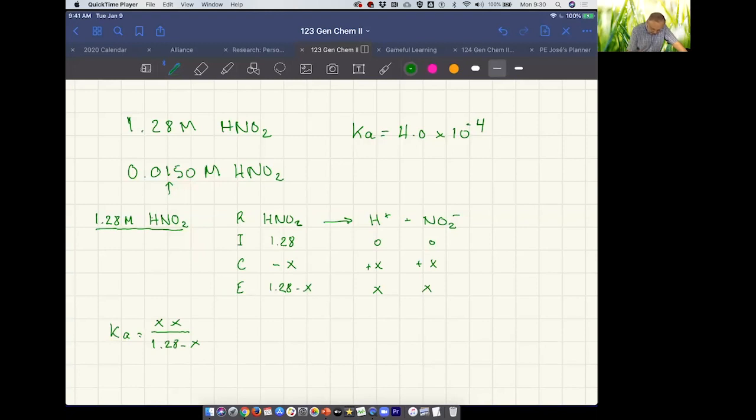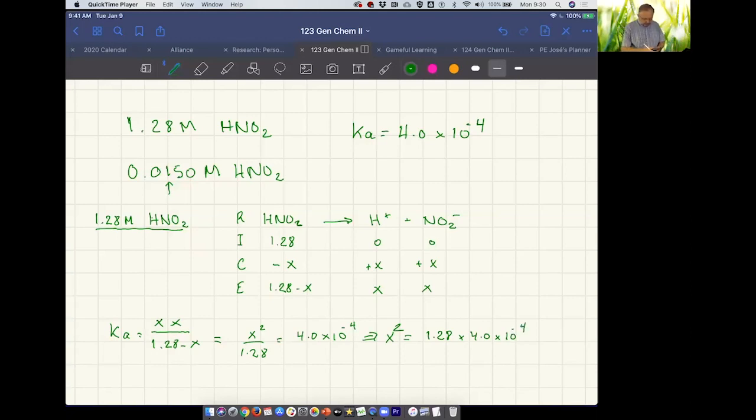And therefore, I can say that x squared over 1.28 is equal to 4.0 times 10 to the minus 4. The value of x squared is going to be 1.28 times 4.0 times 10 to the minus 4, and then I'll have to take the square root.